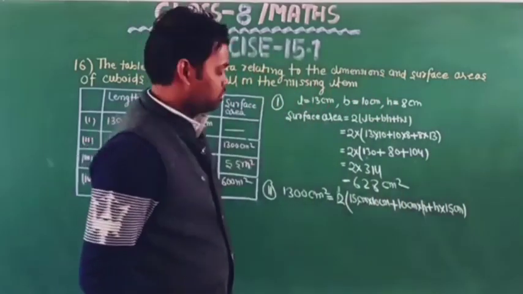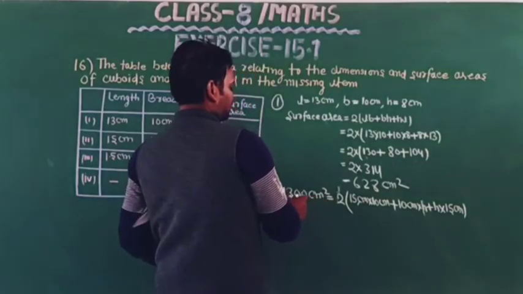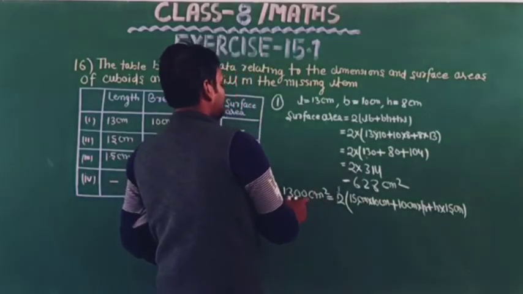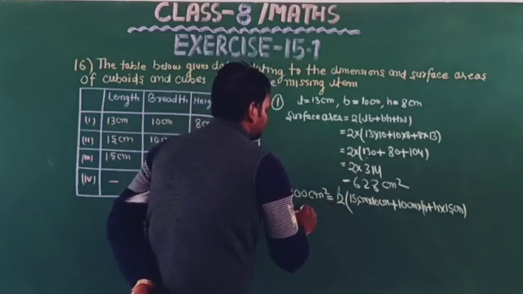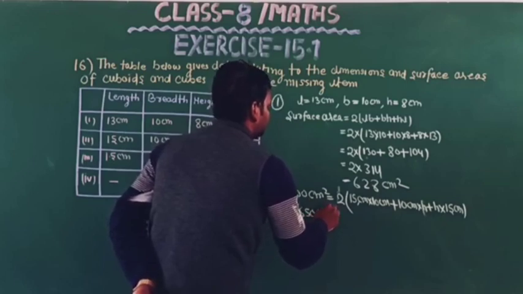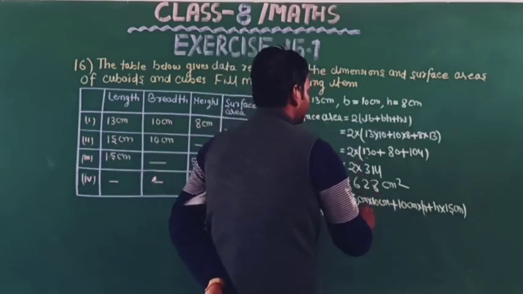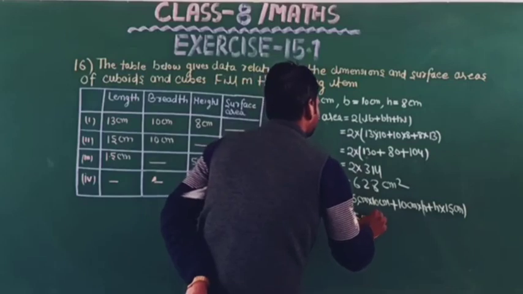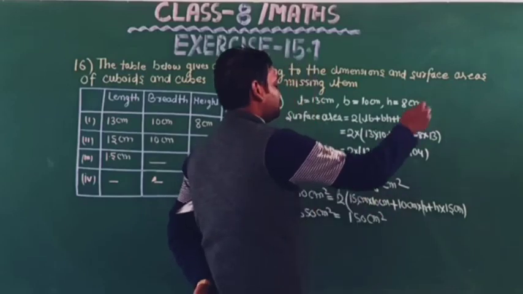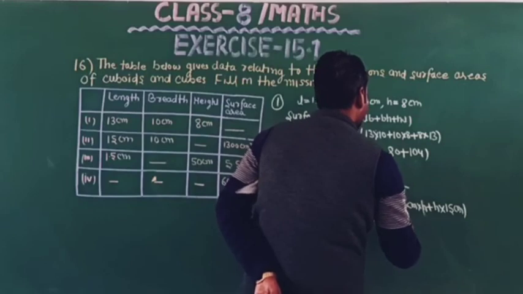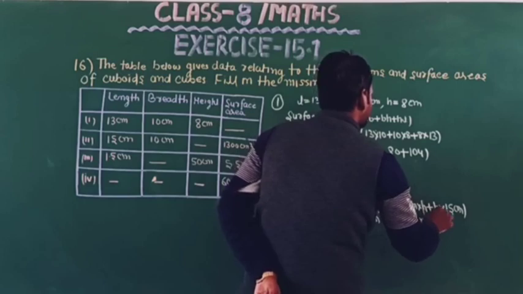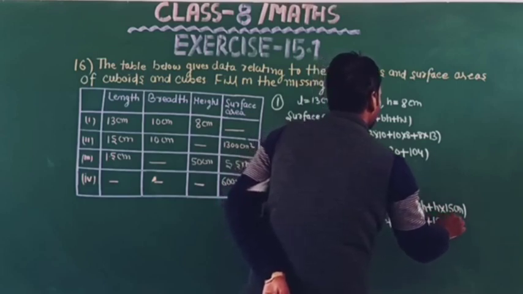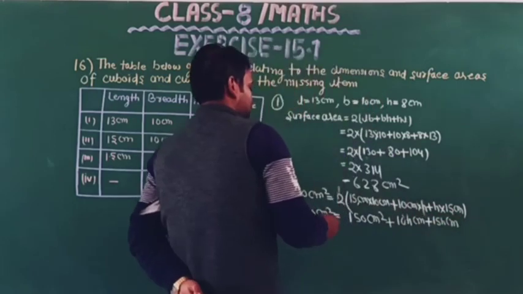Now simplify here: 1300 divided by 2, that is 650 centimeter square, equal to 15 into 10, that is 150 centimeter square, plus 10 H plus 15 H.